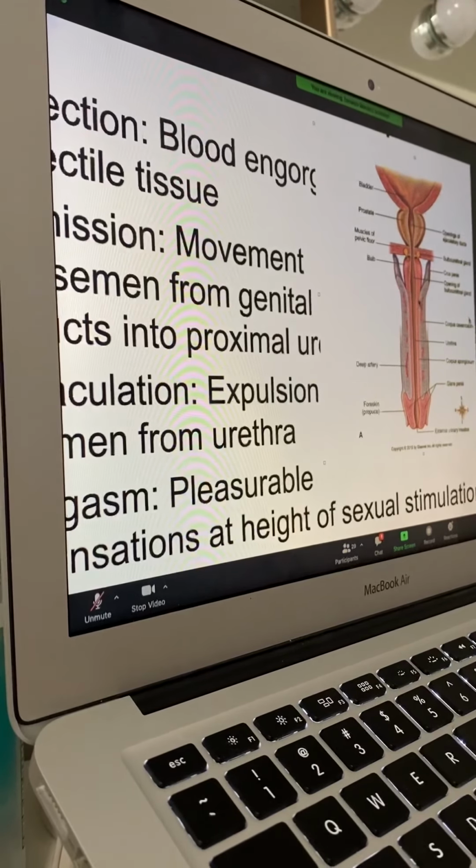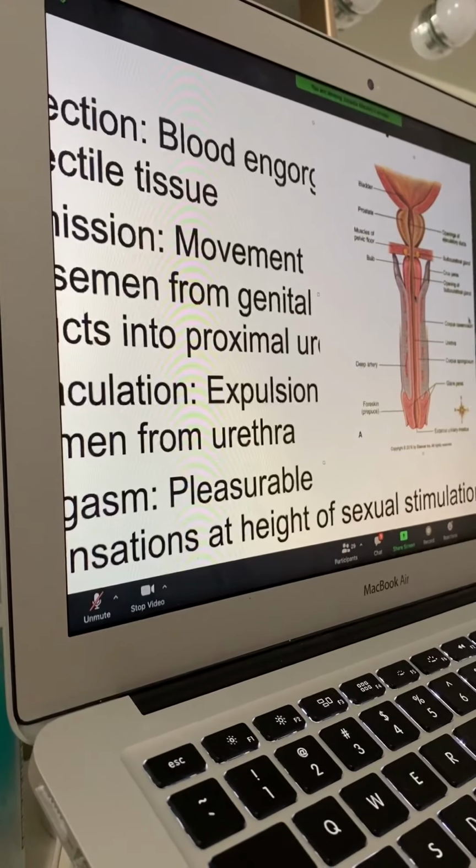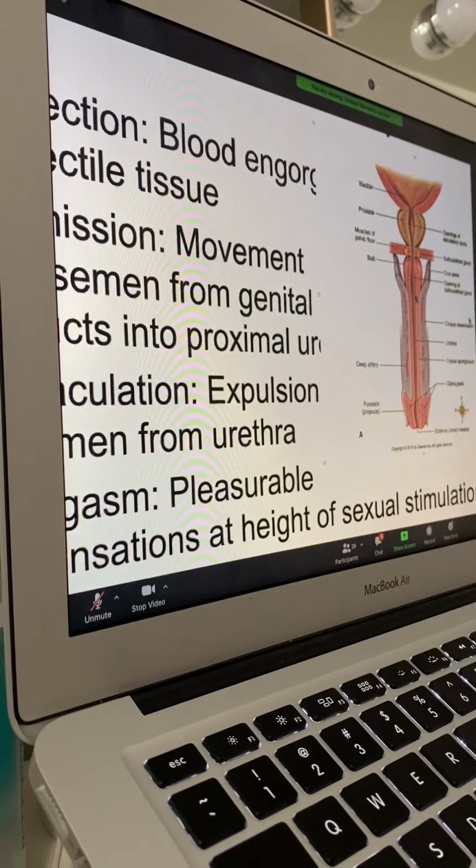When you say autonomic, that is the sympathetic and the parasympathetic. Sympathetic causes vasoconstriction, so decreased blood supply, decreased blood flow.